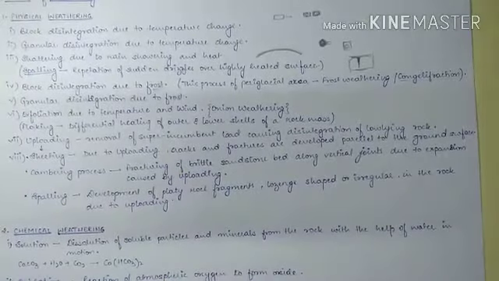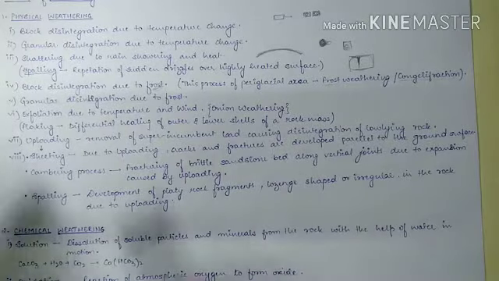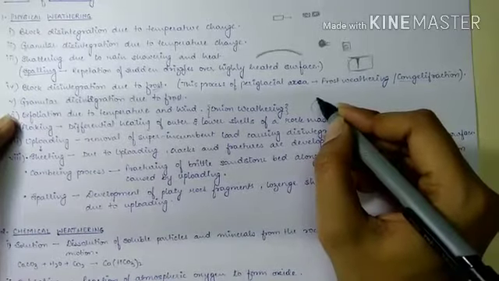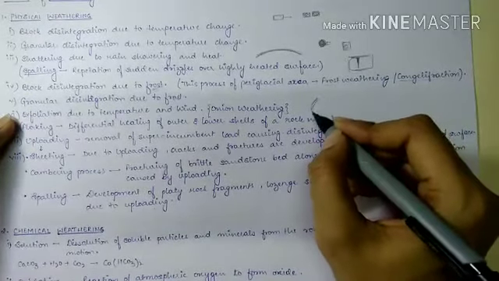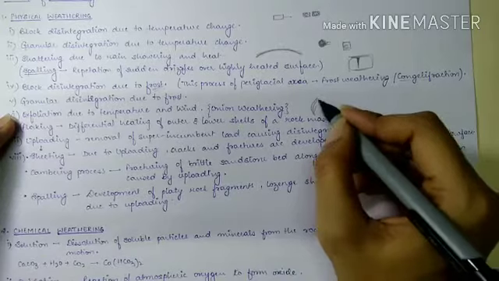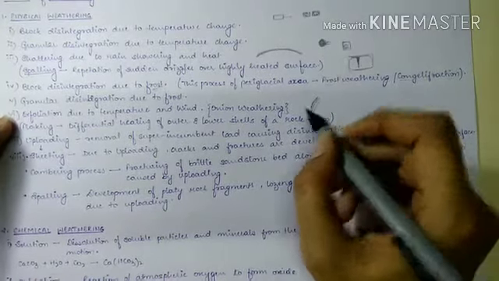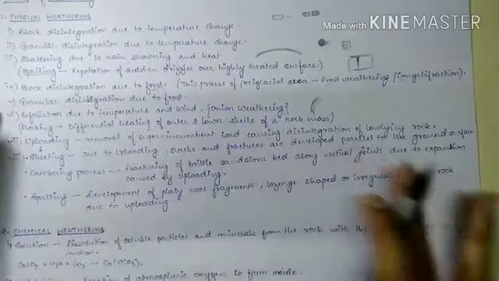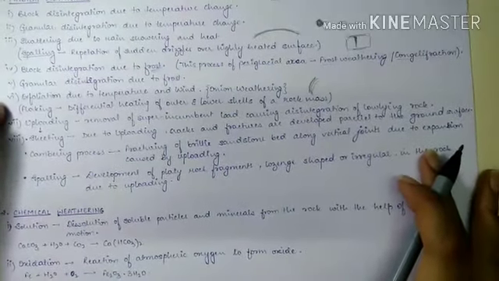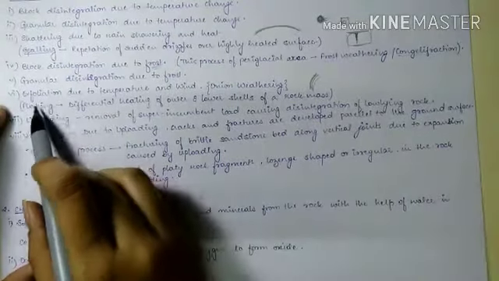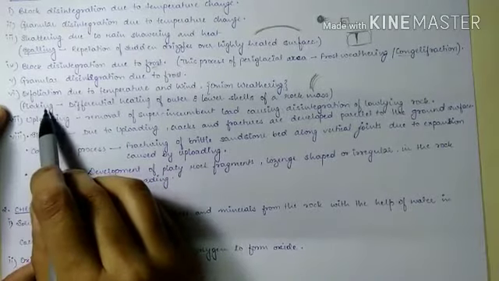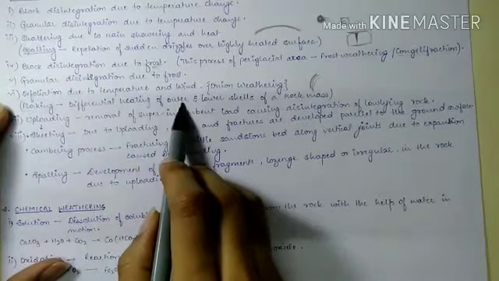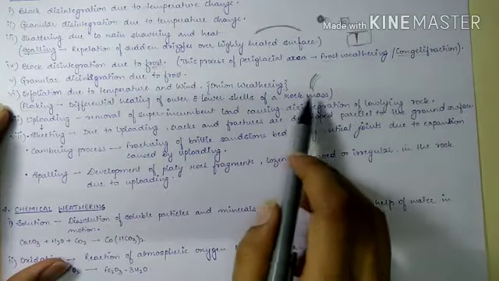Now we will look into exfoliation. Exfoliation is simply the removal of the top layer. Like an onion has various layers, removal of the top layer due to temperature and wind is known as exfoliation. Under exfoliation we have a term known as flaking. In flaking, what happens is differential heating of the outer layer and lower shell of the rock mass.